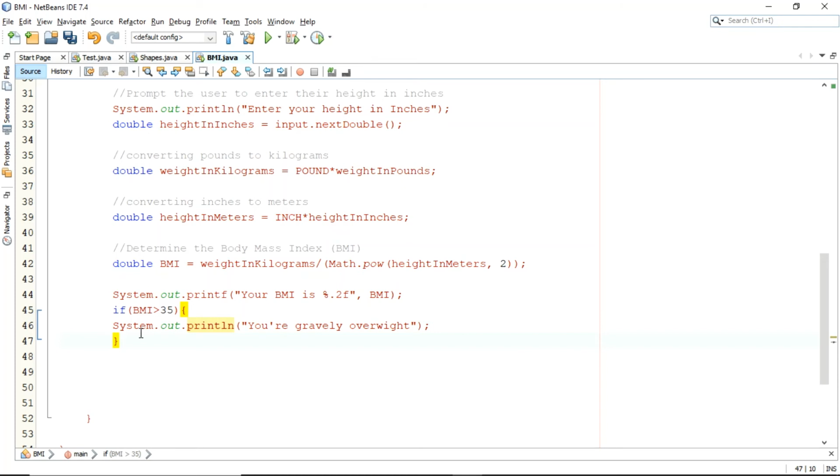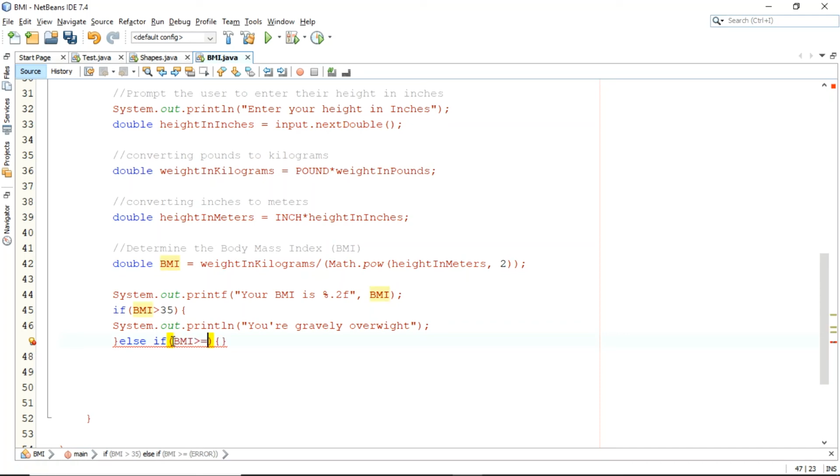Then we can say else if BMI is greater or equal to 29, that is to say 29 and above, 29 to 35.